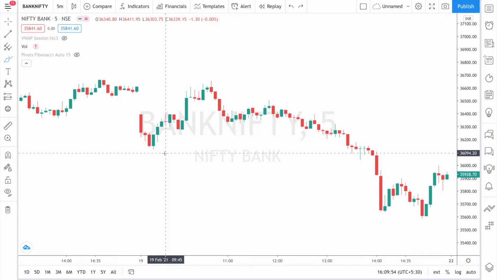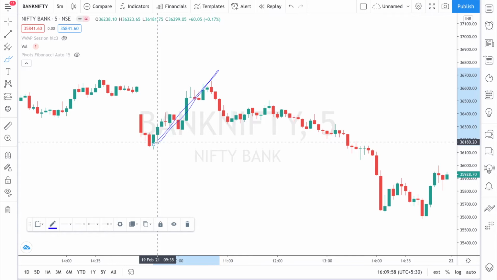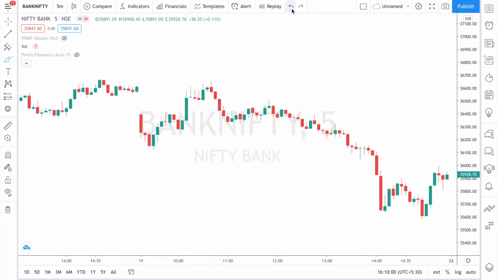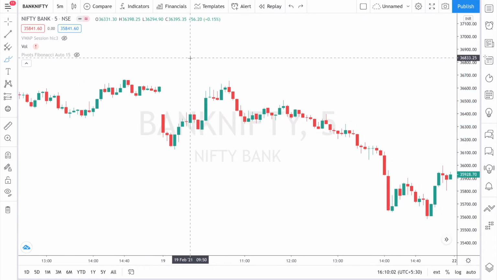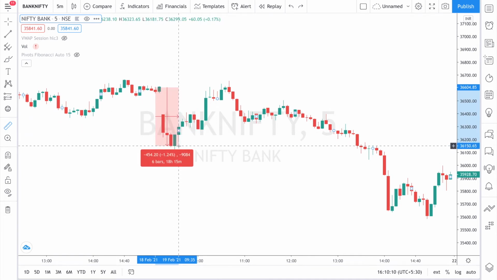The point was, I already knew that this was going to happen. Even though I didn't update it in my Telegram group, because I was not available. But if you check from yesterday's closing to today's closing, today's low was almost 500 points negative. Minus 470, let's say a round number of 500 points.